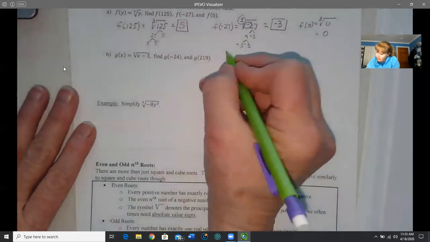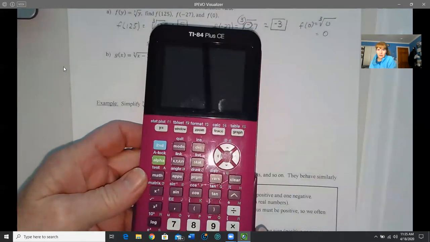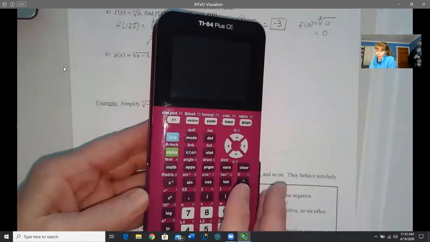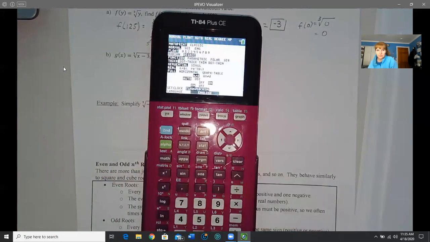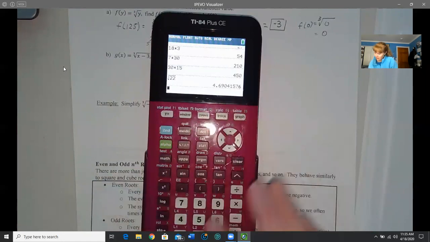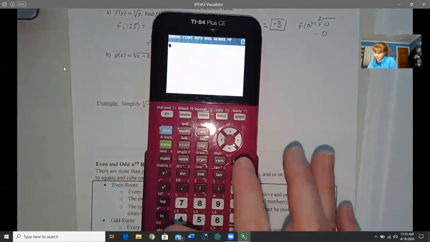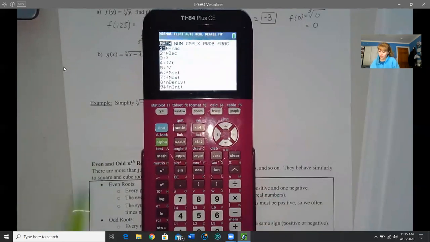For those of you with a graphing calculator like I have, a TI-84, your cube root is found under math, the key underneath the alpha key.